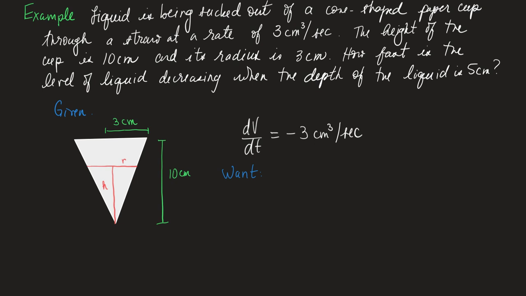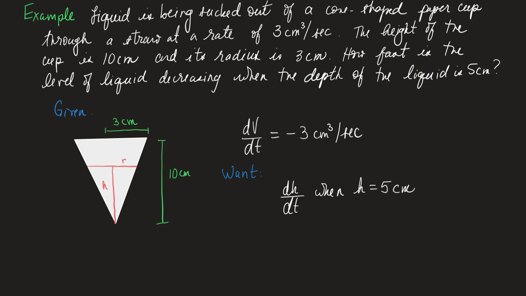So I want the rate at which that is decreasing. So I want dH by dt. I'm expecting that to come out negative because it's a decreasing rate. And I want dH by dt when the depth of the liquid is 5 centimeters. So that's, again, another way of saying that the height is 5 centimeters.